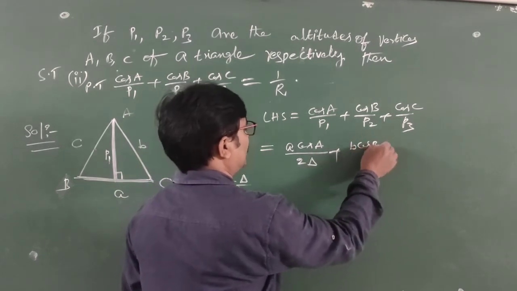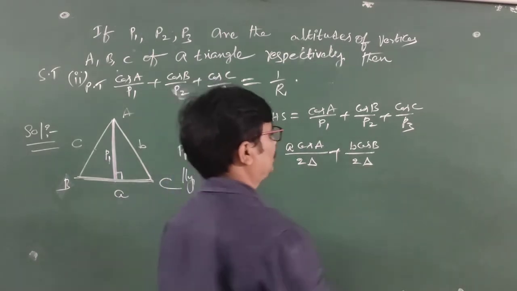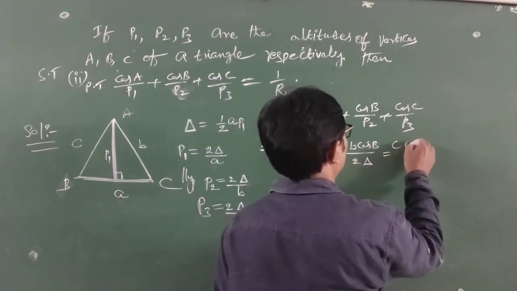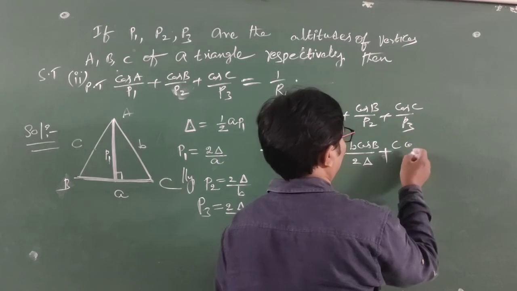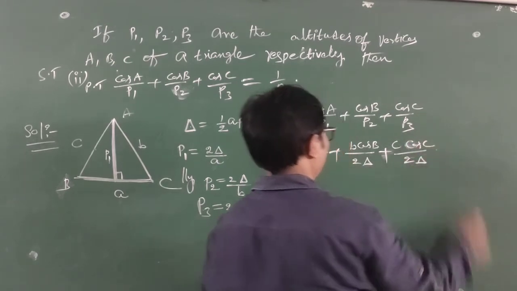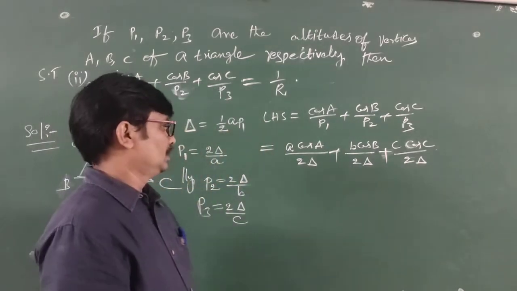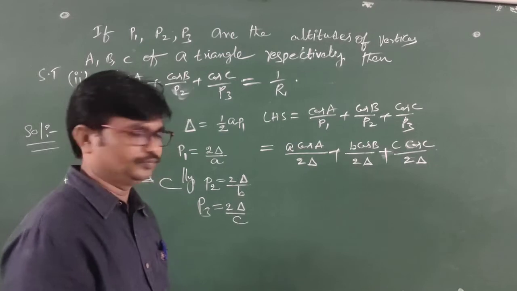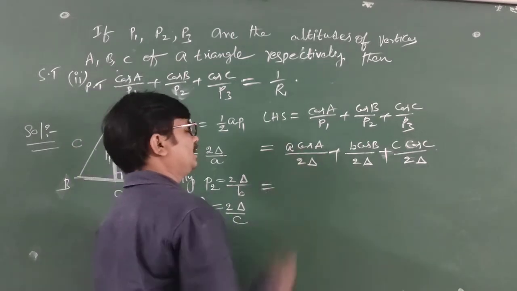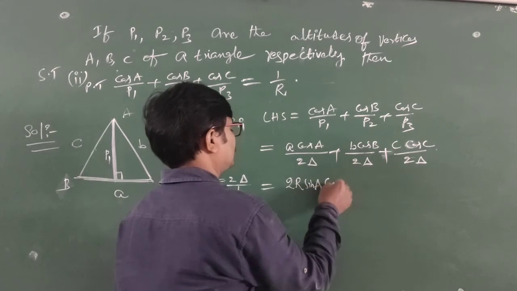Similarly b cos b by 2 delta, and then c cos c by 2 delta. Now students, what we observed here is that 2 delta is the LCM. The small a, from the sine rule, is 2r sin a, so a cos a is 2r sin a cos a.